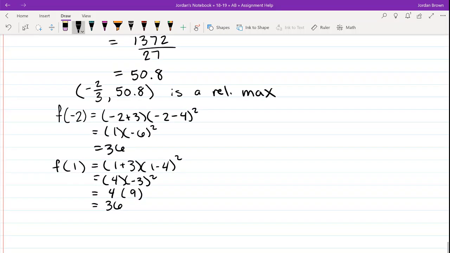So after we've done this, now we can say that negative 2/3, 50.8 is an absolute max.